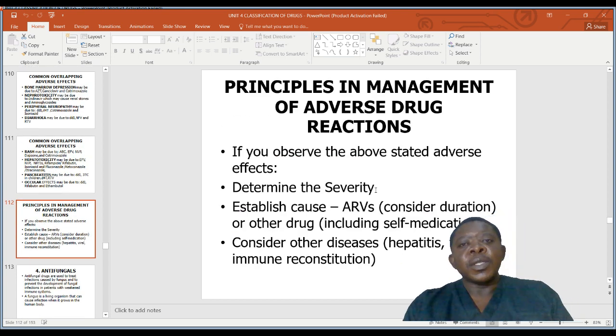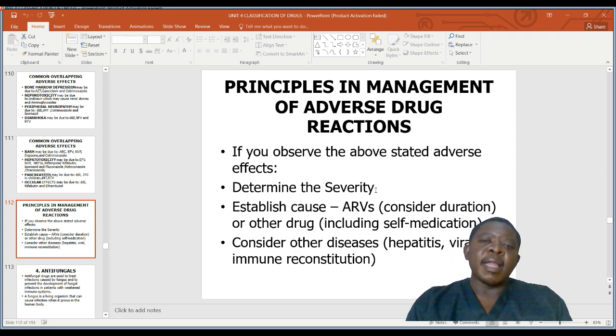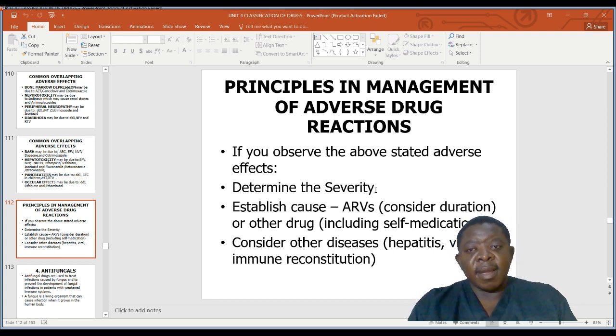Okay, so now let us look at principles in management of adverse drug reactions. If you observe the above stated adverse effects, you can determine the severity, establish the cause, that is ARVs, consider duration or other drugs, including self-medication. So you may need to ask patients some questions concerning that.